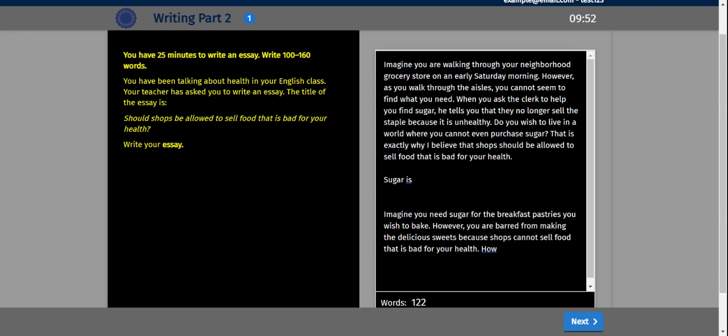Okay, making my conclusion here, writers? Okay, however, you cannot make the delicious sweets because shops cannot sell food that is bad for your health.